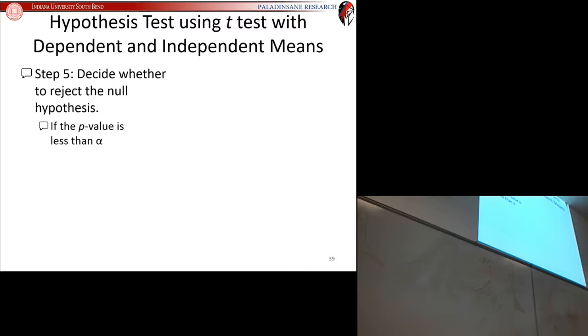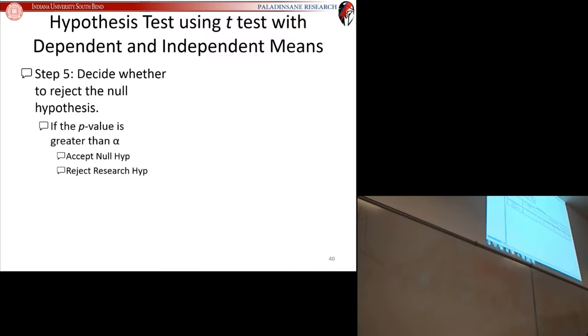Once again, we moved away from using cutoff scores to using cutoff probabilities. So if your p-value is less than your alpha value, we are going to accept the research hypothesis and reject the null hypothesis. If it's the other way around, where the p-value is greater than alpha, we are going to accept the null hypothesis and reject the research hypothesis.